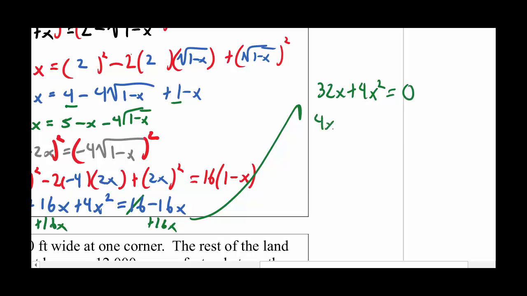And I can definitely take a 4x out of everything. So that would be 8 plus x equals 0. So I get that x is 0 and negative 8. Okay, and so again, before I get too excited about that, I want to double check that they're actually valid solutions.